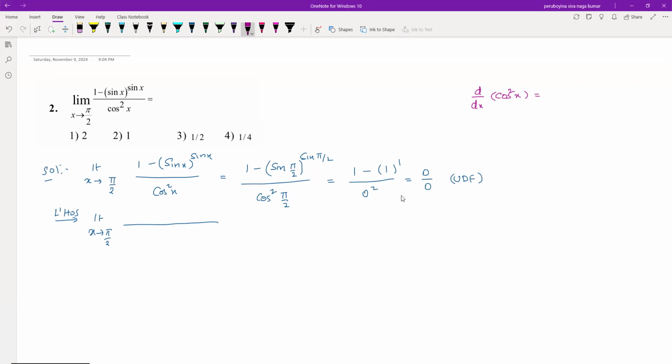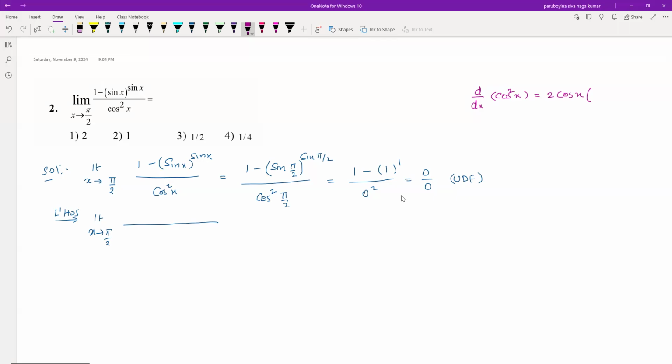It looks like x square. Base is a variable cos x and power is a number. So you can compare this with x square, so that you get 2x. In the same way, you can write 2 cos x. But of course, the base is not x, it is cos x.